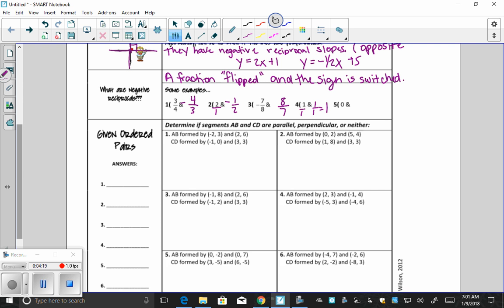But don't forget the negative. It has to be opposites. Now, if I do 0/1 and I flip it to get 1/0 with the negative in front, you cannot have a 0 on bottom. So if you get a 0 on bottom, then that means that your slope is undefined.